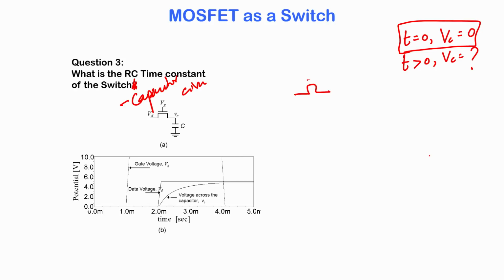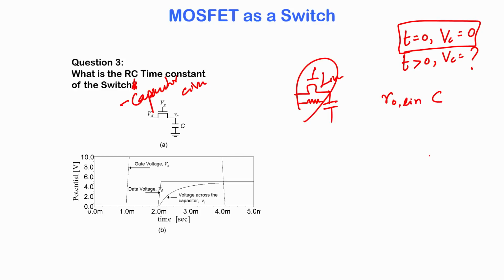If you have a MOSFET operating in linear mode and somebody asks what the small signal time constant of the MOSFET is, it is simply rho in linear into the capacitance of the capacitor. It is an approximate model, and what is the approximation? We have linearized the MOSFET.